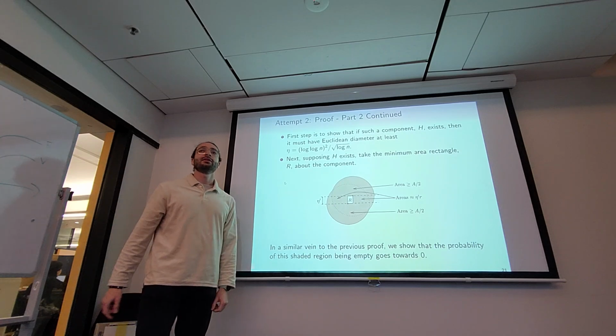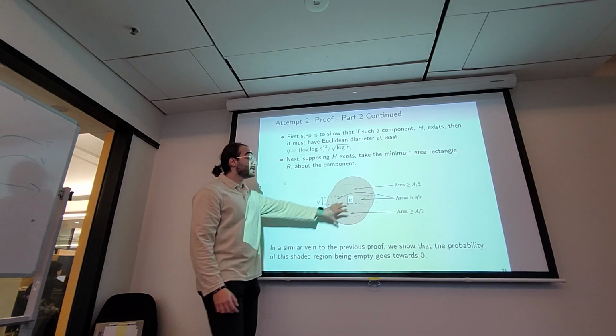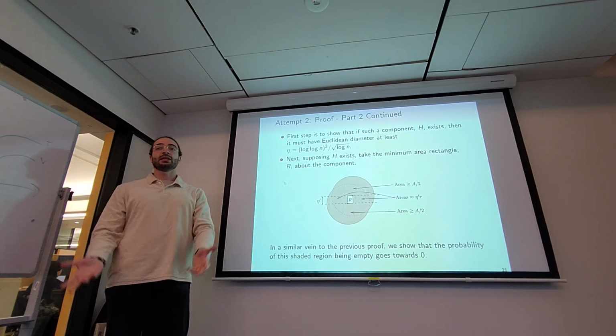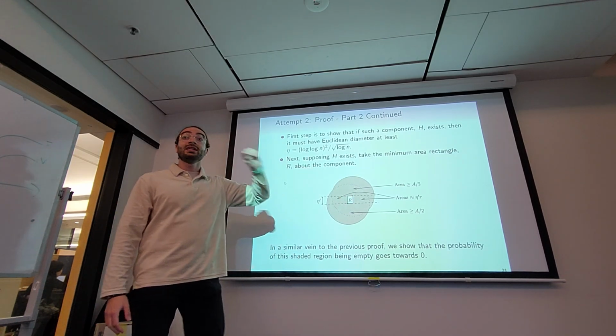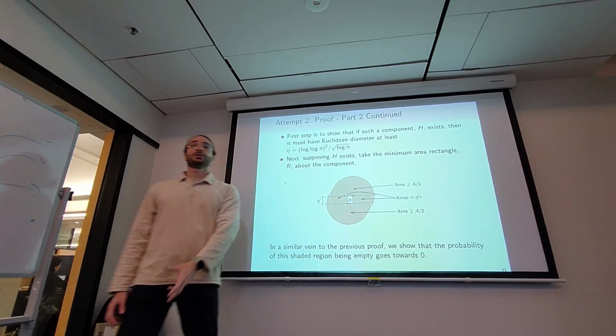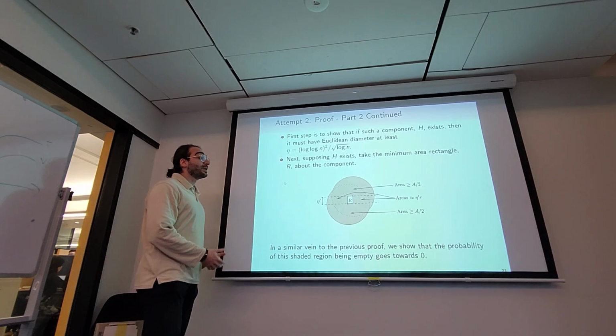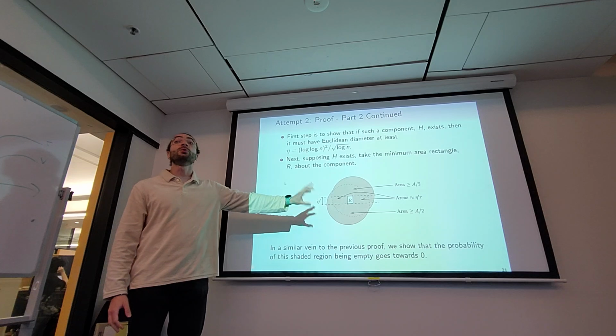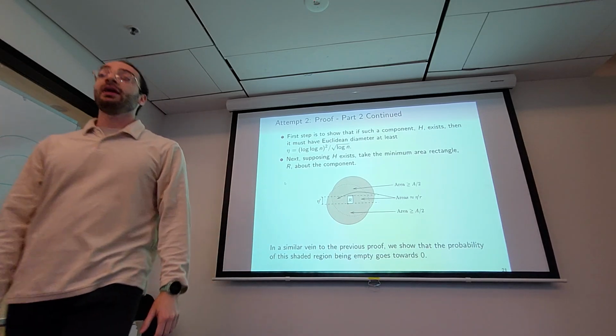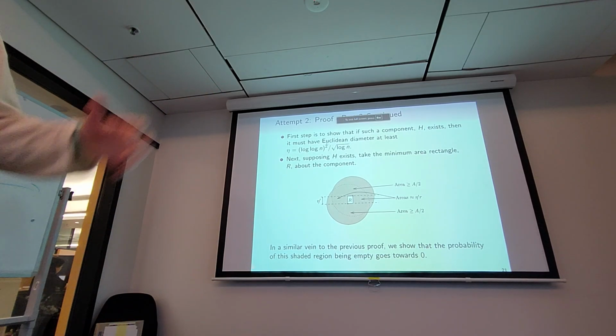That's right, okay, got it. So with this minimum area, of course it's going to be larger in practice, but what Walters then shows is that the probability that this area is empty also goes towards 0. So again, we can say that this is impossible to occur. We can't have a component which is this small. And so this is the proof for the second lemma.